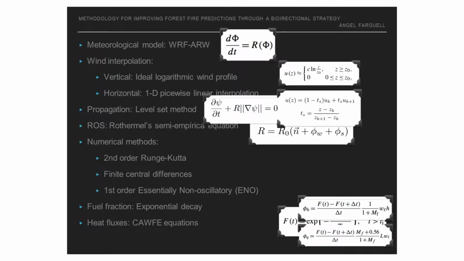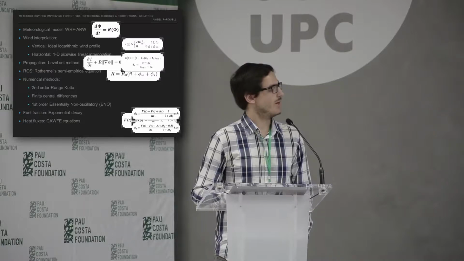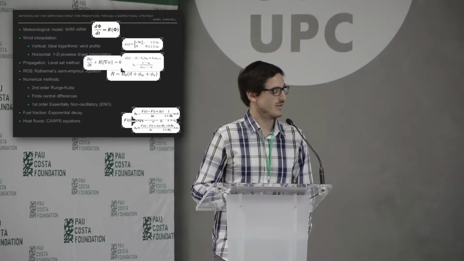Another strategy is the bidirectional strategy. We have two different models, atmospheric and fire evolution, and we share the information between these two models in order to propagate the fire reliably.